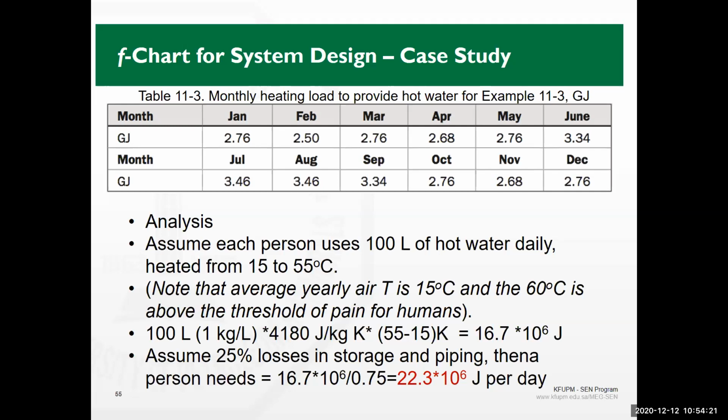You can assume that the temperature is always 15 all over the months and calculate the values, and it will give you the values here in the table. Some other school would say, no, let me take the air temperature for every month and consider the water temperature equal to that value, and accordingly it is going to change over the values that we have here in the table. So both of them can be done.